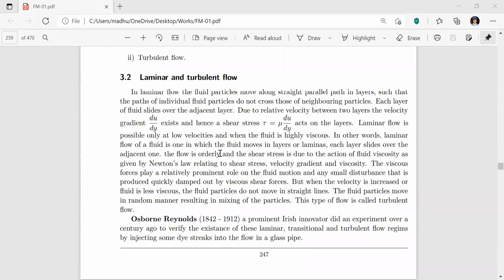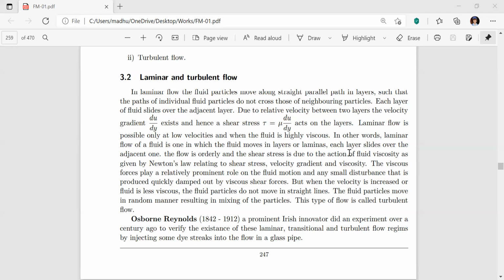Laminar flow, in general, we have studied in such a way that when the fluid particles move in a defined manner, that is called laminar flow, and the fluid slides over the adjacent layer. Here, due to relative velocity between two layers, velocity gradient du by dy exists, and hence shear stress tau is equal to mu into du by dy. So this acts on the layers.